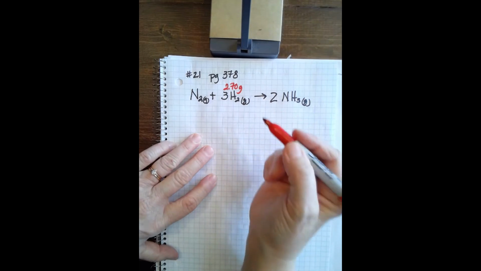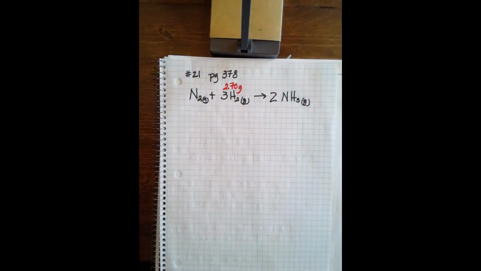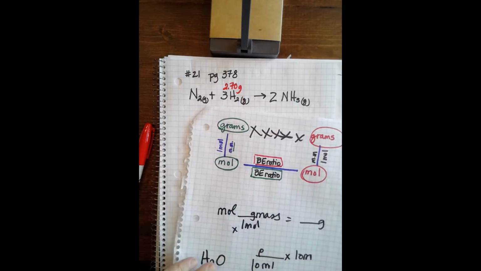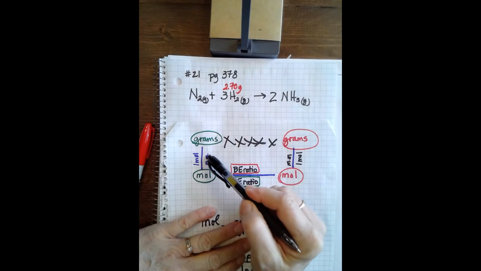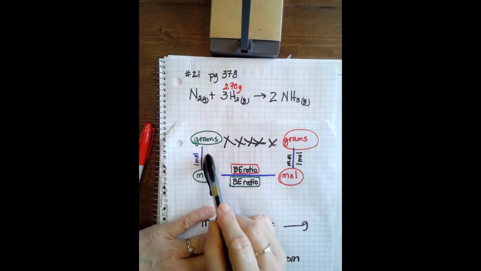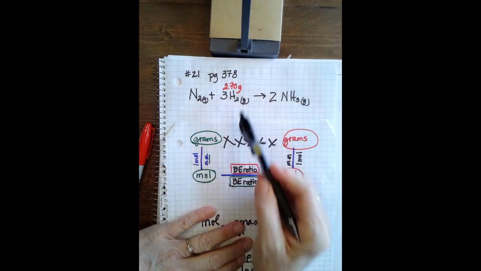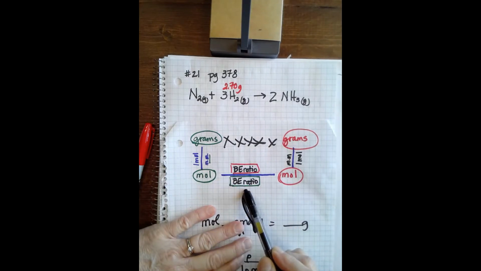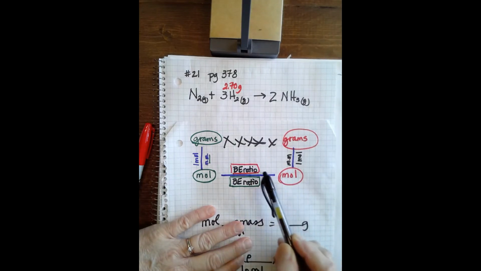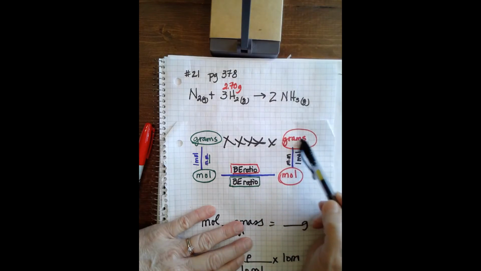If you remember our process, we have grams. We're going to convert to moles using the molar mass of hydrogen, write the correct balanced equation ratios, then we will have moles of ammonia, and then we're going to convert to grams.